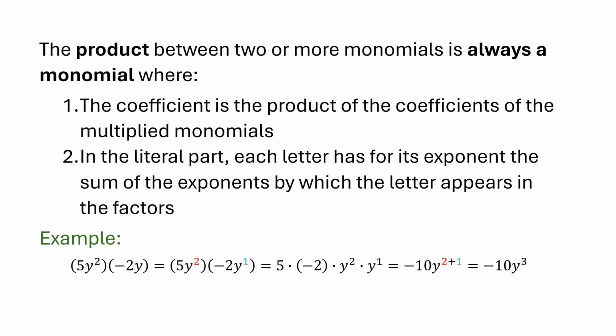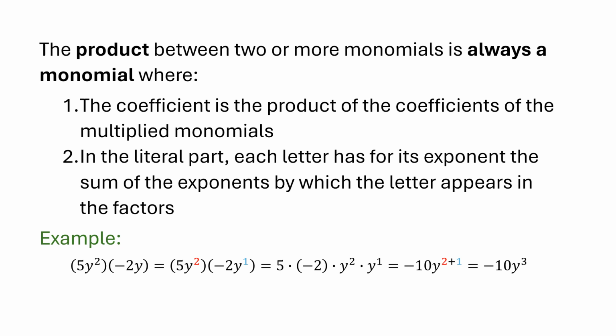So let's follow point 1. 5 times negative 2 is of course negative 10. Now let's follow point 2. Just take the letters, put them together. In this case we only have y, so we'll only put y there in the result, and then sum the exponents.